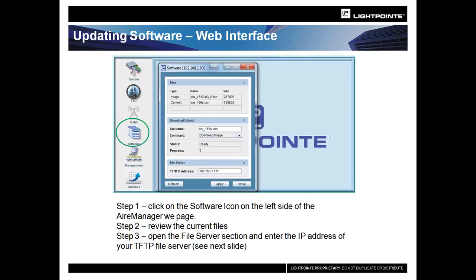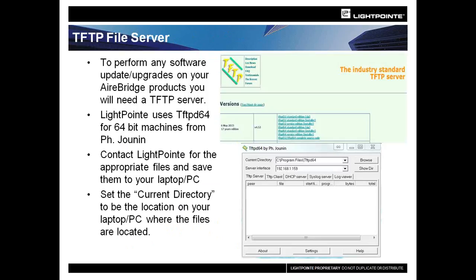So one of the most important things you're going to need is a TFTP server. We recommend, or have used, I don't know if recommend is the right word, but we do use the TFTP 64 for our 64-bit machines, which at this point all the machines in the LightPoint offices are.